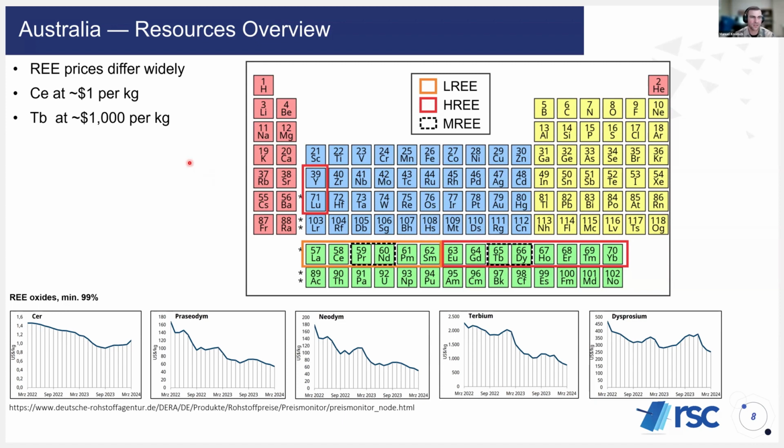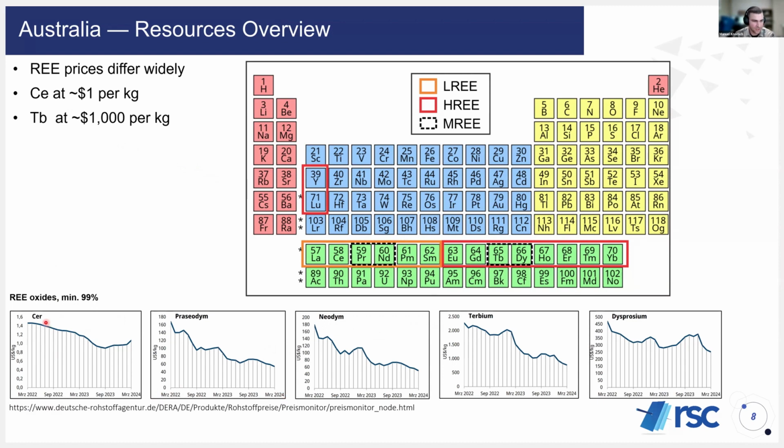And the rare earth prices overall differ quite widely. So if you look at cerium, it's just $1 per kilogram. Excuse me that I've used some of the German charts here, but I think the German Geological Survey does a pretty good job in putting those graphs out every month, so they update them quite nicely. And here you see cerium, praseodymium, neodymium, terbium, and dysprosium over a range of 2 years from March 2022 to March 2024.